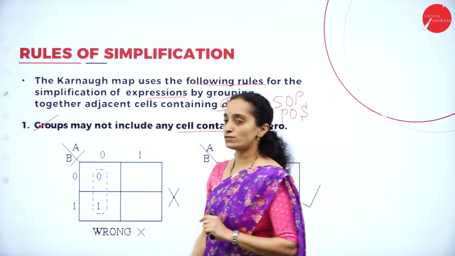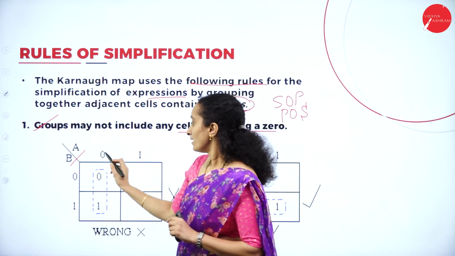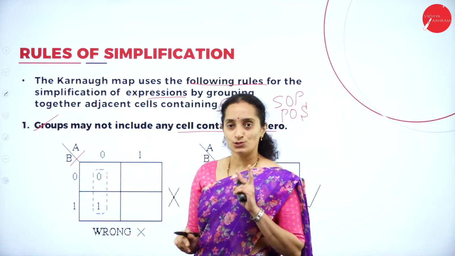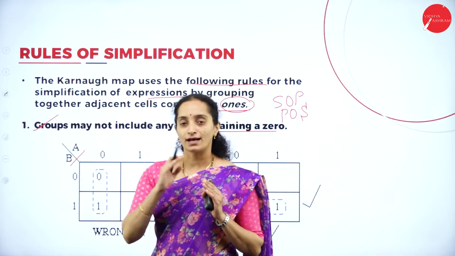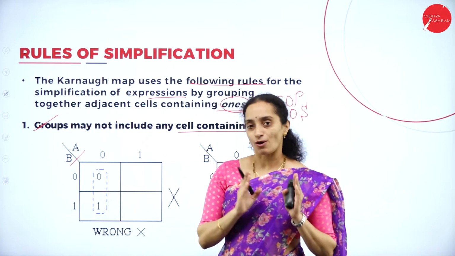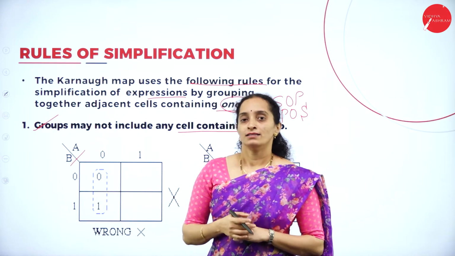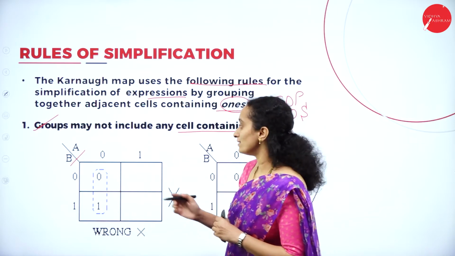Here we are using 2 variables, A and B. A has 2 conditions, isn't it? One is the complement, another one is the non-complement form, or low and high value, is it not?